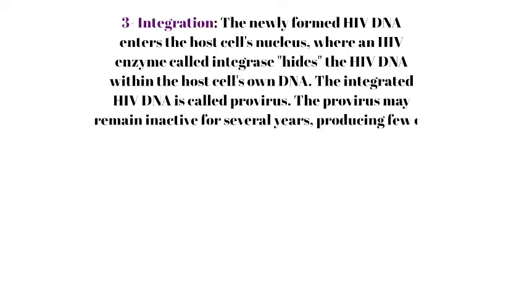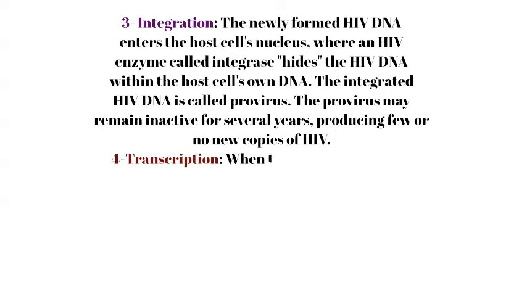So integration here is happening in the nucleus. That is a very important point to note. In integration, we have the enzyme integrase, and it is happening in the nucleus as the HIV DNA is now combined or integrated with the host cell's DNA.